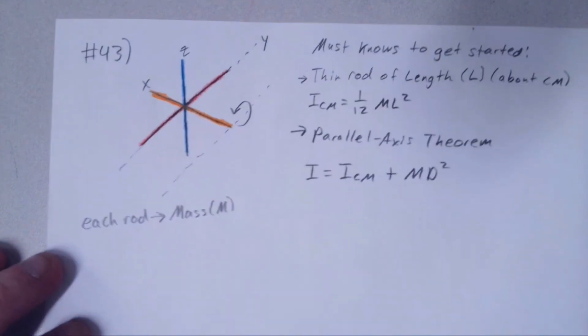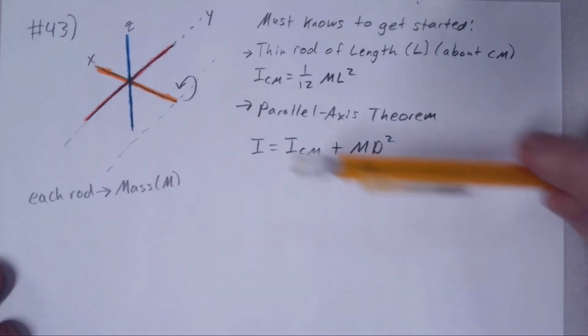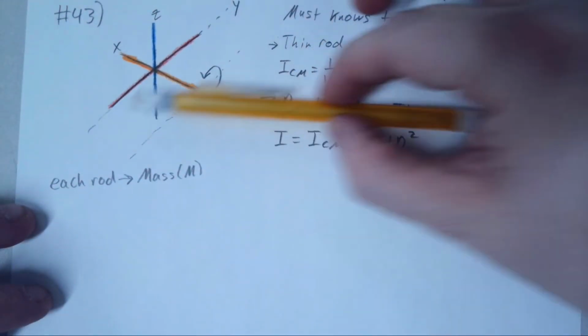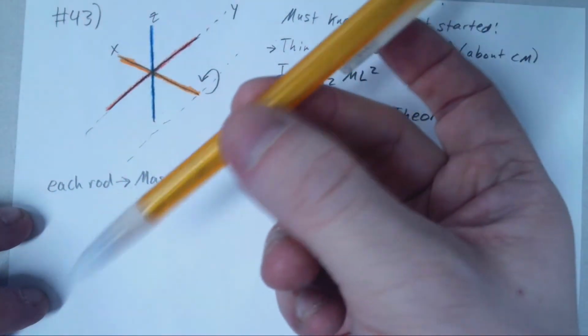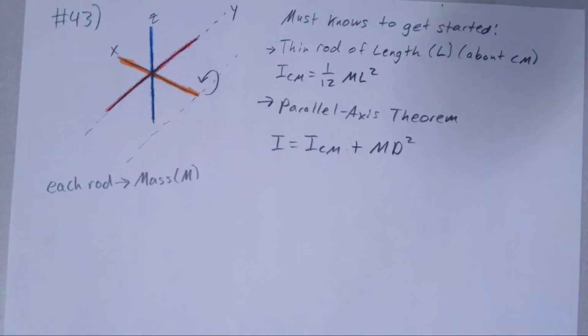The must-knows to get started: the first thing is to know the moment of inertia of a thin rod of length L about its center of mass. What do I mean by that? If that's my thin rod of length L, I'm talking about the moment of inertia from the center. This is something we would have to be given.